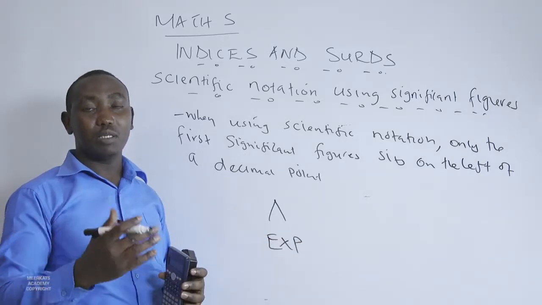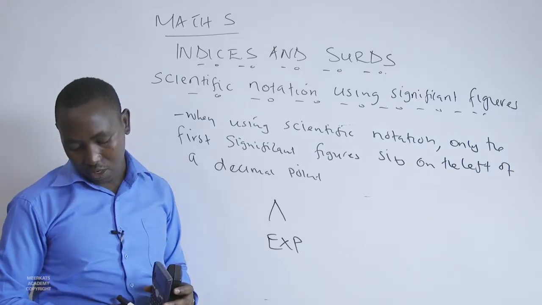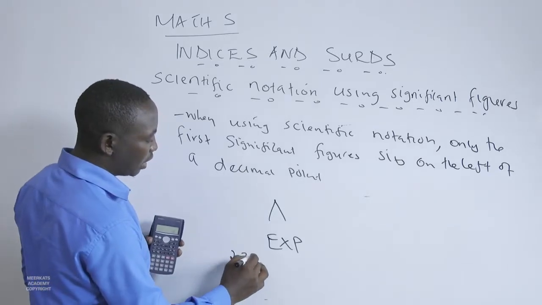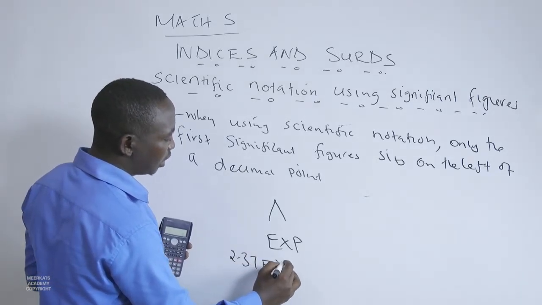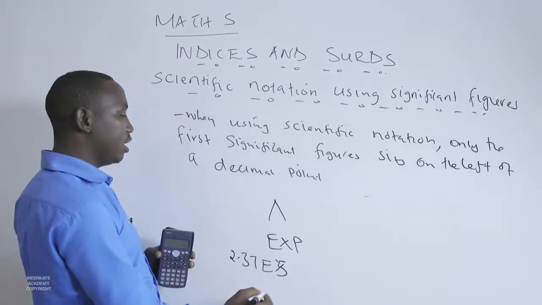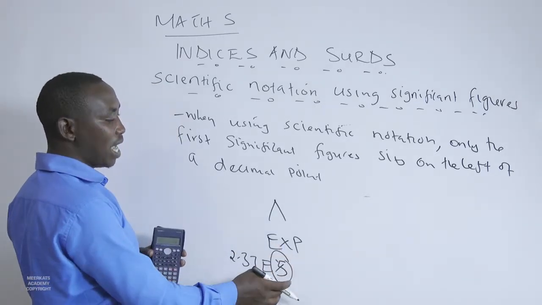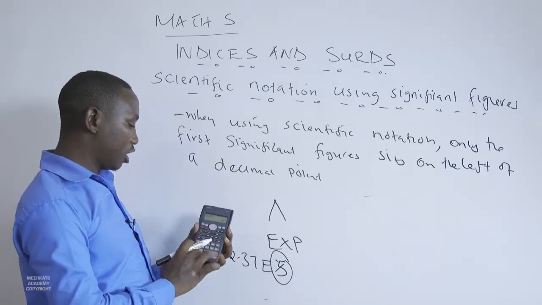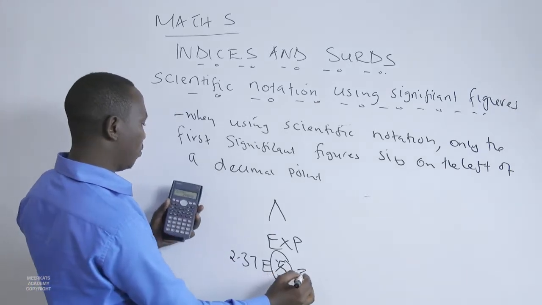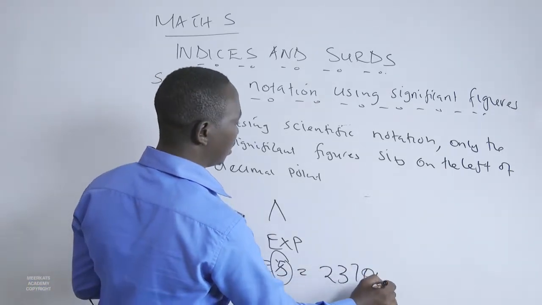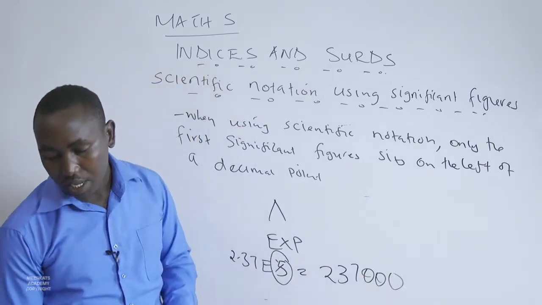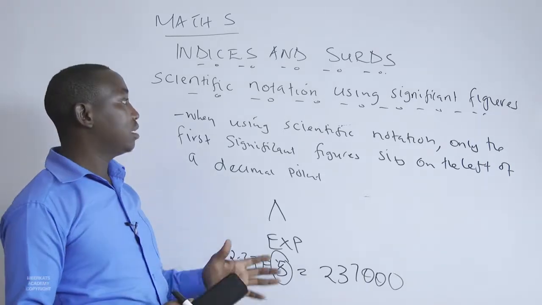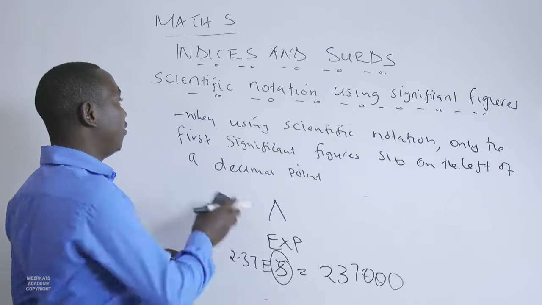For example, if you press 2.37 exponential 5, this means that we are going to multiply this number by 10 raised to the power of 5, and that will give you 237,000. So sometimes it is allowed that we use calculators. So let us look at examples on how to write scientific notation using significant figures.